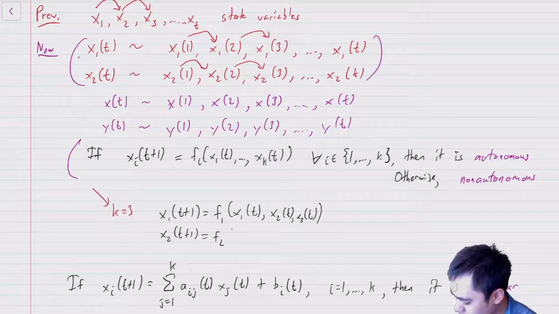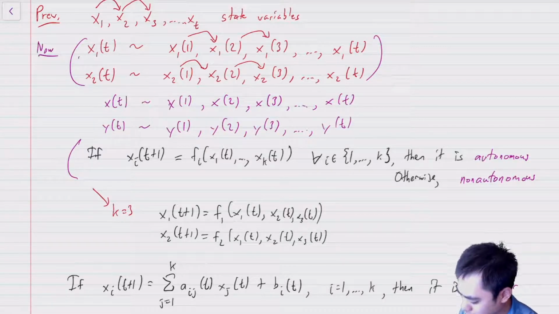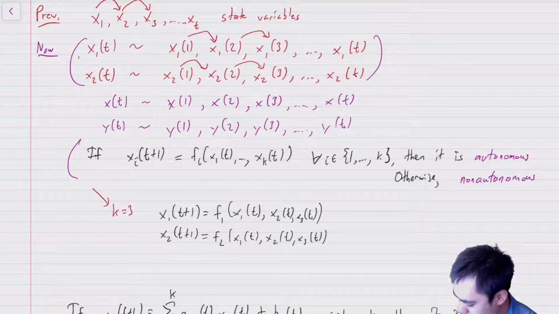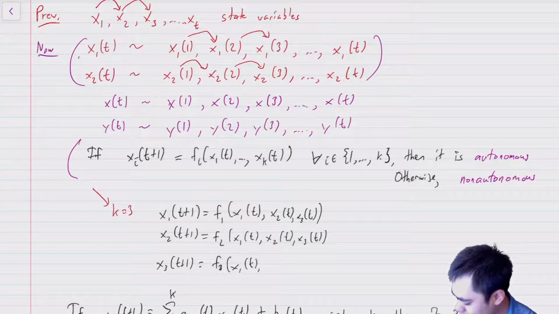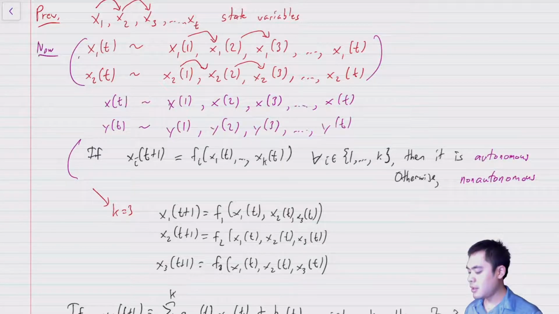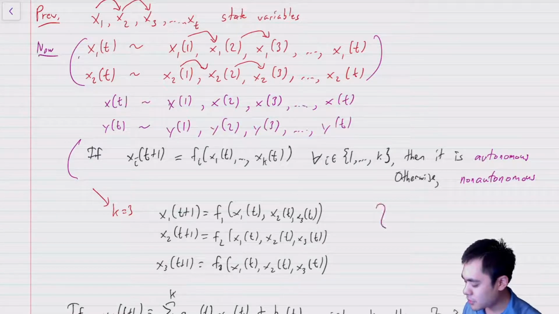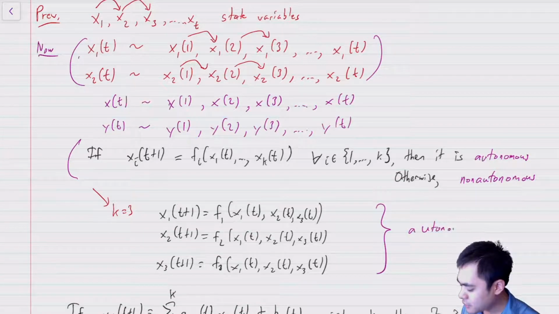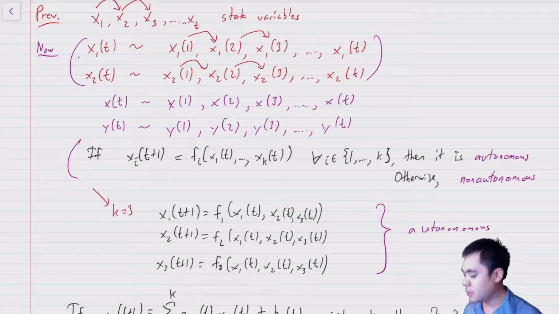This is equal to f2 of x1 of t, x2 of t, x3 of t. And let's give ourselves a little bit more space. This here is x3 of t plus 1 is equal to f3 of x1 of t, x2 of t, x3 of t. And so we're going to call this autonomous because we don't have any explicit t dependence on it.